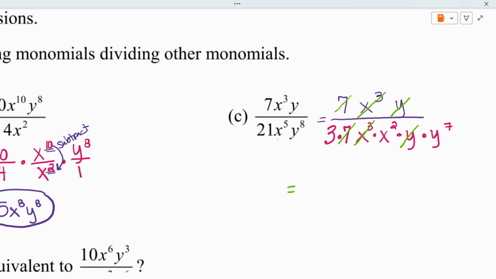X cubed divided by x cubed is 1. Sometimes you guys want to put a 0 up there, but no more numerator. Everything that's in the denominator is now a whole number. So remember that when you cancel everything out of the numerator, it still contains a 1. So we have 1 over 3x squared y to the 7th.